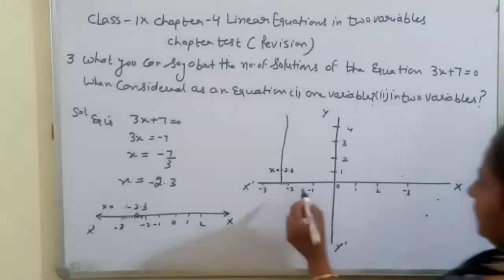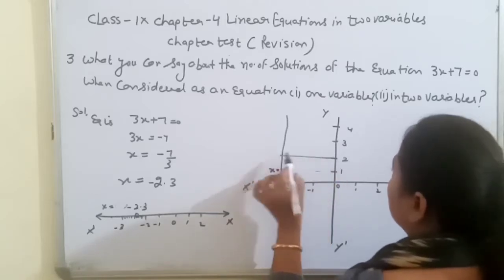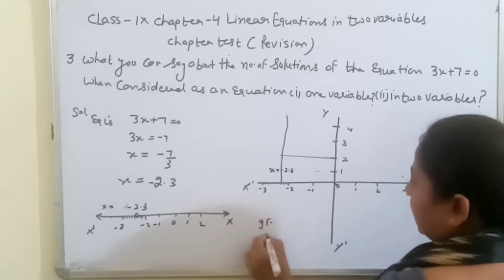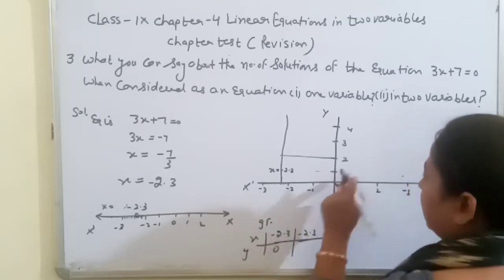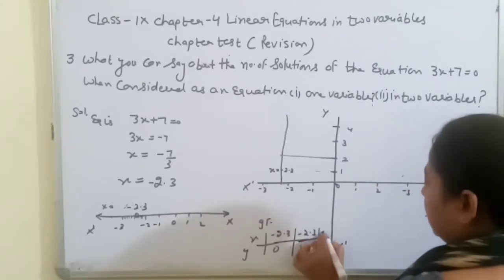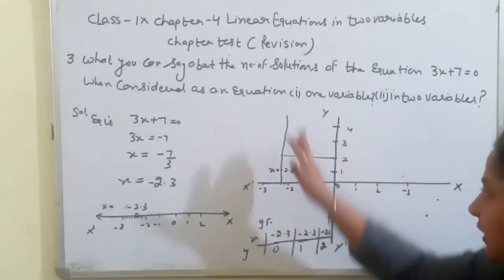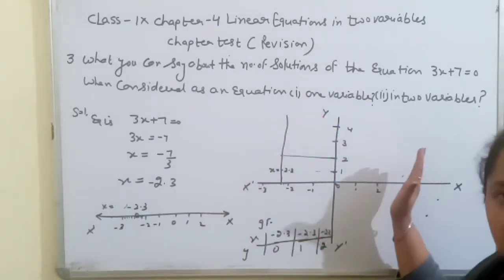If x is minus 2.3, y may be equal to 0, 1, or 2. So when x is a fixed value, when you draw it on the graph sheet, we get a straight line, and that straight line is parallel to the y-axis.